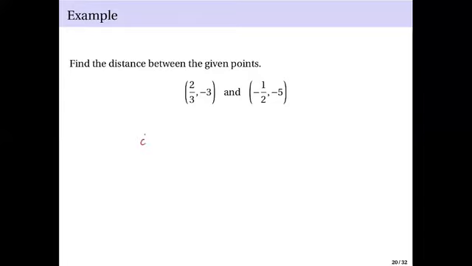So distance is equal to the square root of quantity: you have 2/3 minus negative 1/2, so this x minus this x, and then you square it, plus negative 3 minus negative 5, squared.